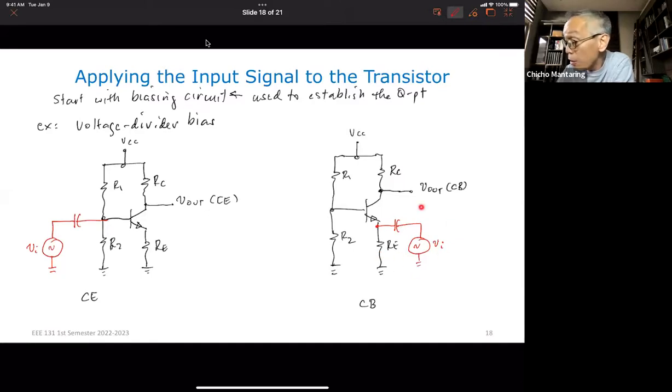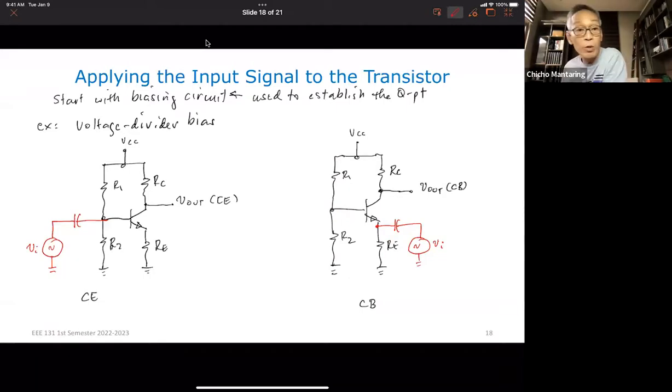And then now, this is how I superimpose my input here on the emitter terminal. And that will cause changes in my output. So that is my common base. And for all intents and purposes, this is equivalent to a ground for the AC, for the same reason that I explained earlier for the common collector.